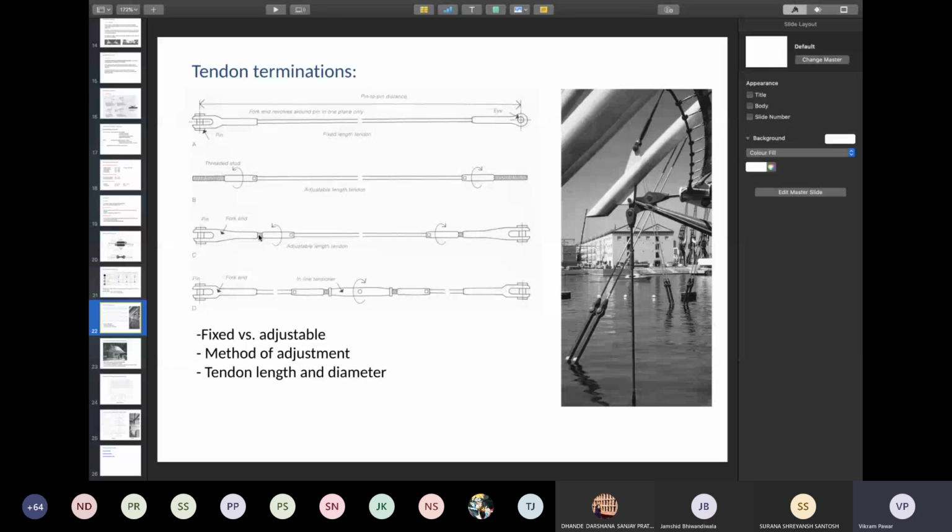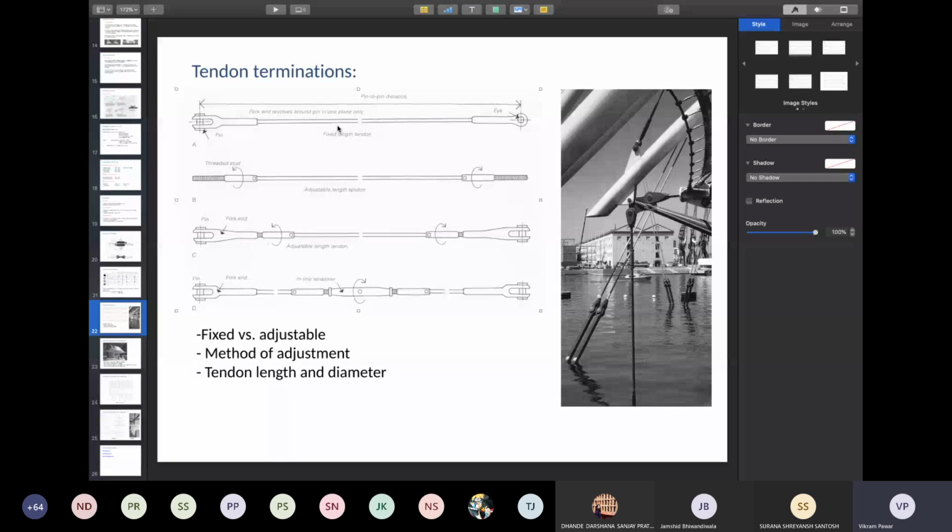Over here, the pin, the fork, as well as the adjustable length tendon are in one unit, so you don't have to use these in combination. This offers a little more flexibility, where the adjustment is at the center and not at the termination. So it is a singular unit.